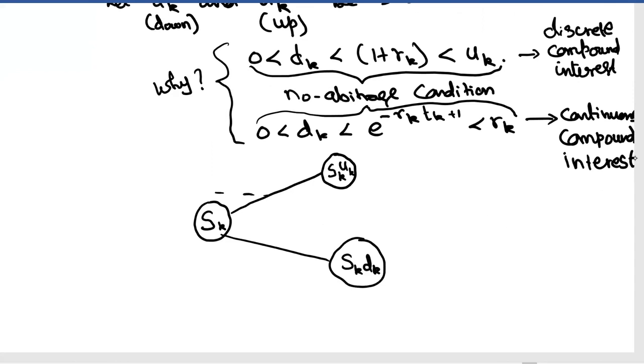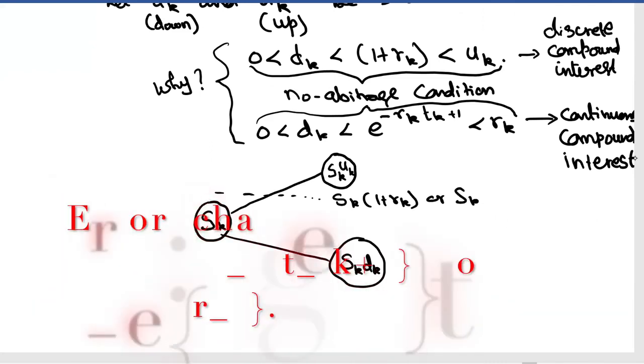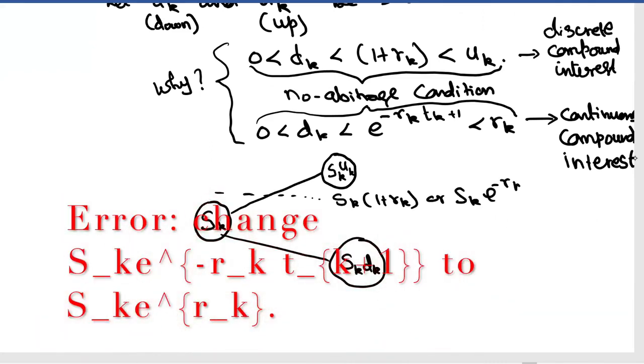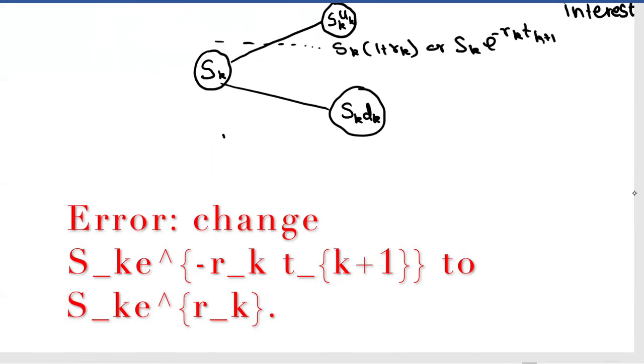You are given a prevailing interest rate, say either Sk into 1 plus Rk or Sk into e to the power minus Rk into Tk plus 1. The question is, what is the probability?